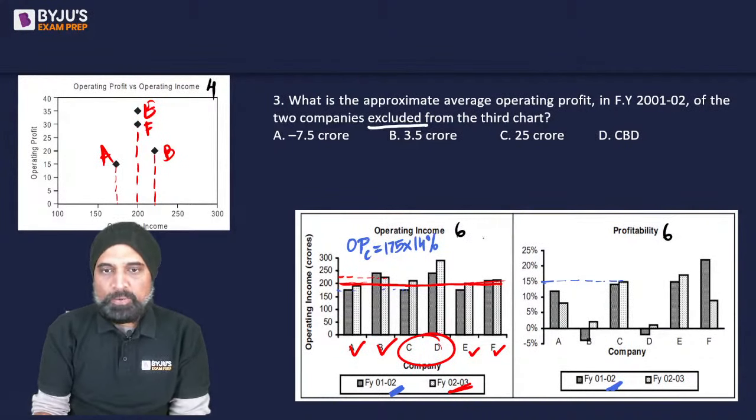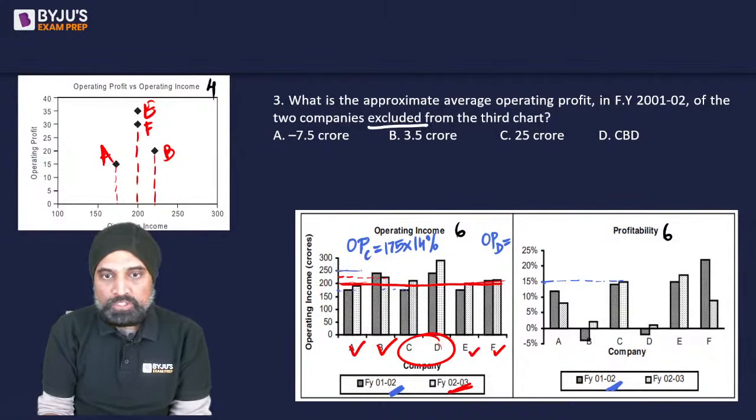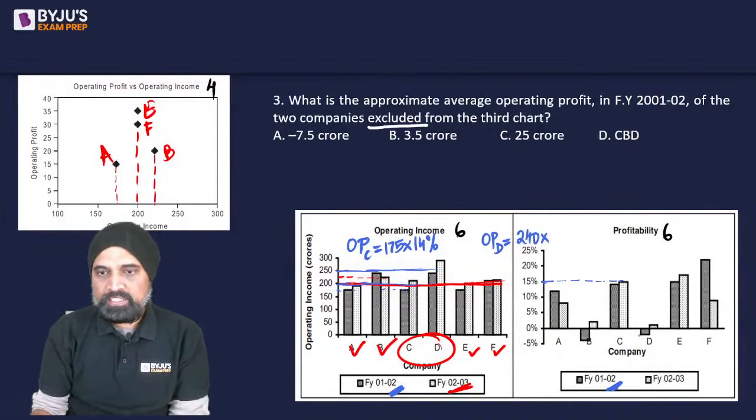If I look at the operating profit for company D for fiscal year 2001-2002, this one is 250 and this one is 200. So this is going to be approximately 240 to 250, into its profitability for the year 2001-2002 for company C's, right? So this is going to be what? Minus 2.5%.